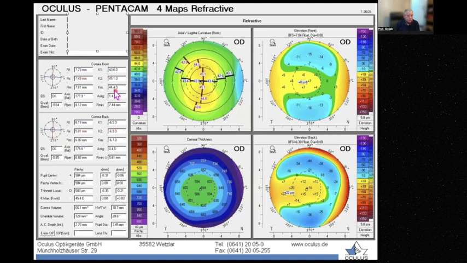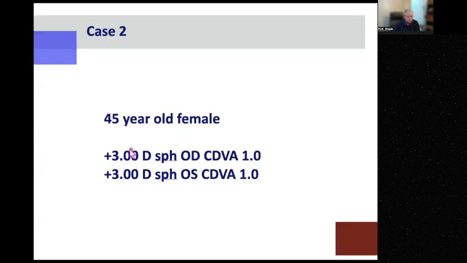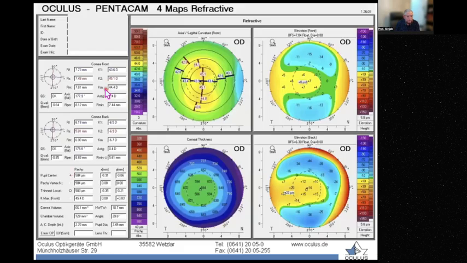Now remember, the Km is important when we want to treat by laser vision correction, because if we want to treat the +3, they will increase the 44.4 will be increased by 3 diopters multiplied by 1.2.